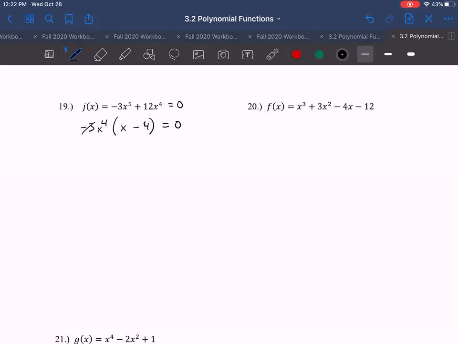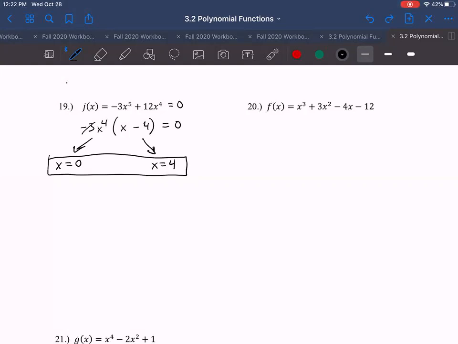So I have an x to the 4th, which tells me x equals 0 is a solution. And then I have this x minus 4, and that tells me that x equals 4 is a solution. So here are my zeros. For x equals 0, it has a multiplicity of 4 because it's to that 4th power.